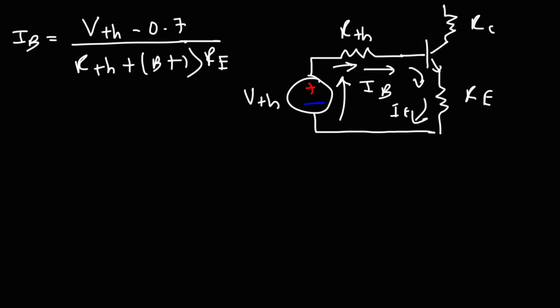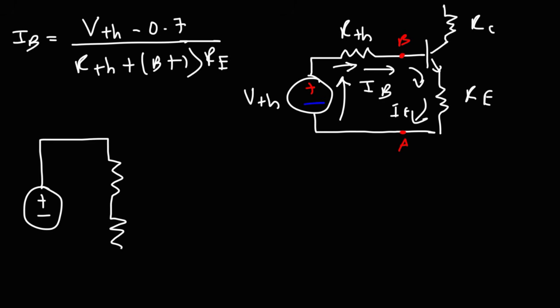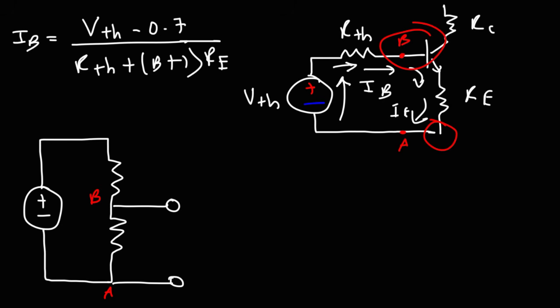Now how can we calculate the Thevenin voltage? Because it's not equal to the collector supply voltage. Well, first we need to draw a circuit disconnecting this portion of the original circuit that we had before. Let's call this point A and point B. So in the original circuit, we had a power source and we had two resistors, and this would be point B and point A, which was attached to the base of the transistor and the ground where the emitter resistor was.